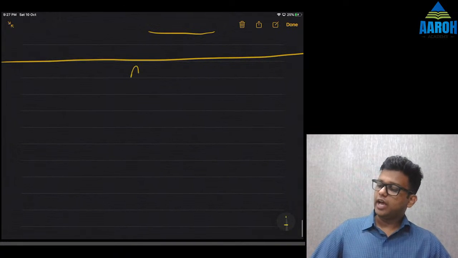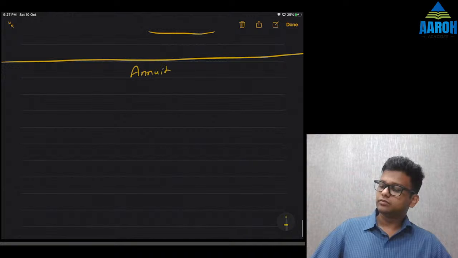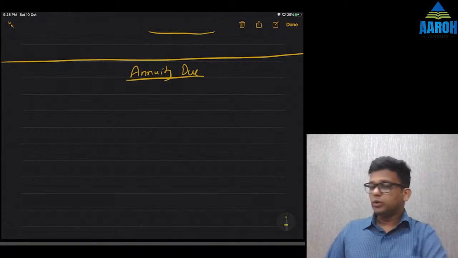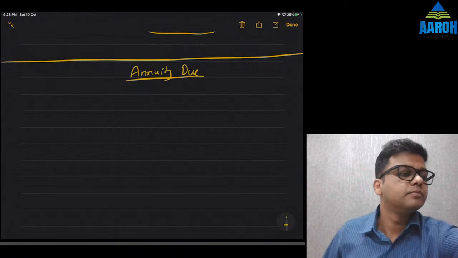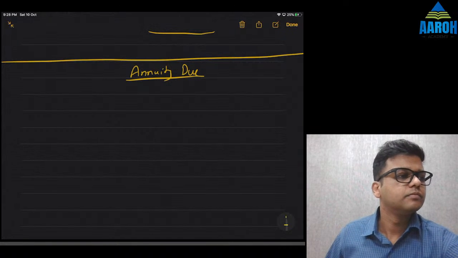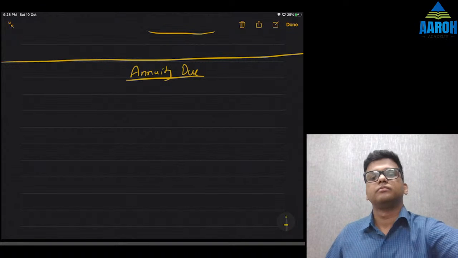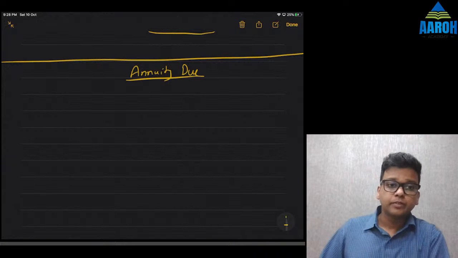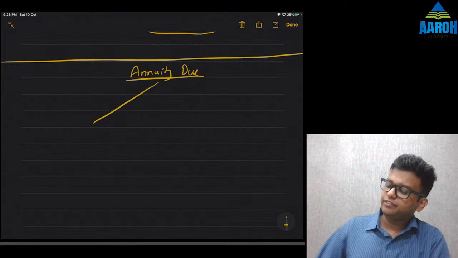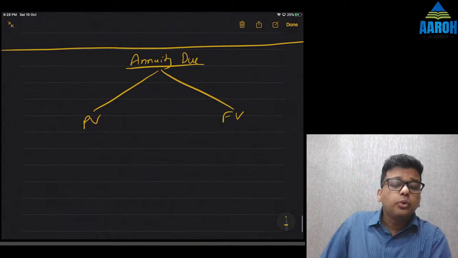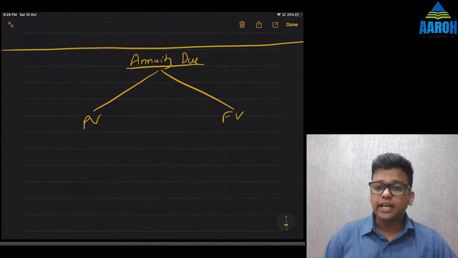Then let's go to annuity due. Again, for annuity due, you have to see PV and FV. How to identify when the question says annuity due?